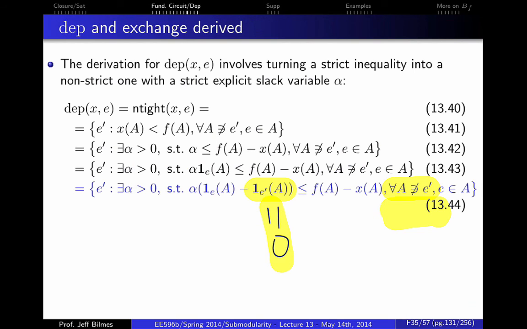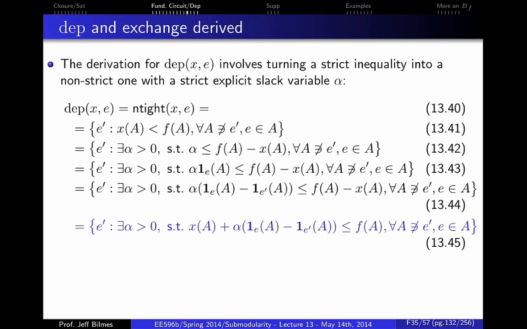Right? Because that's the characteristic vector of E prime evaluated on A. We're summing only over the elements of A. E prime is not one of them, we get 0. Okay. Now we're rearranging, we're just moving x over to one side. That's the only thing we're doing. Other than that, it's the same.